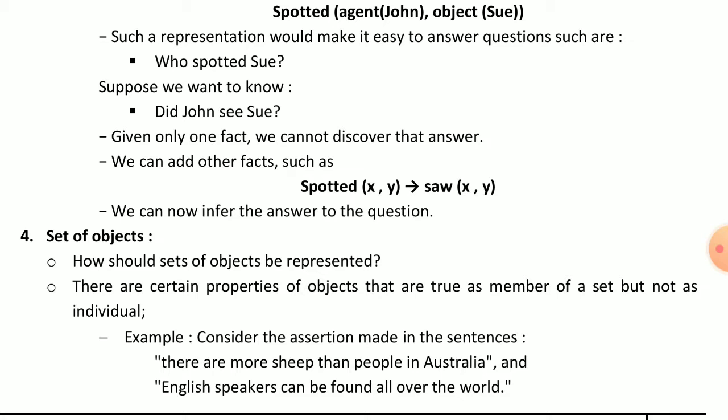This is the fact, so we can take it as one sentence. Another is, English speakers can be found all over the world. Nowadays English is a common language, and most people know the English language all over the world.